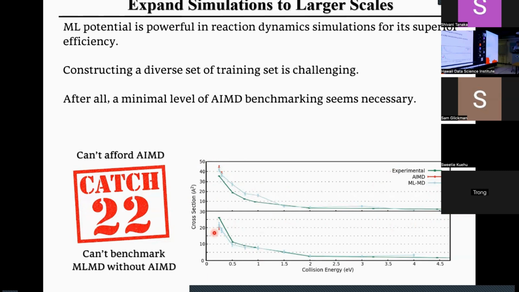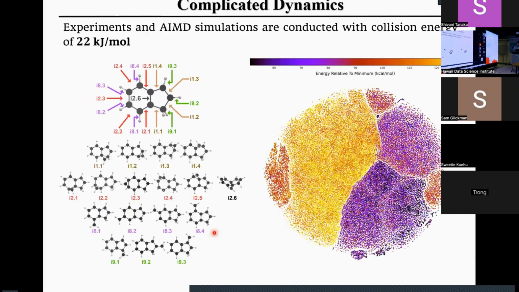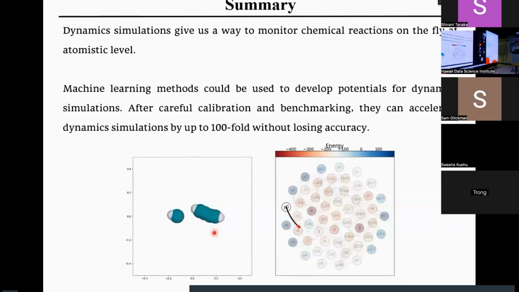I'm running out of time, so I'm going to skip some just to go to my summary. Okay. Dynamic simulations give us a way to monitor chemical reactions on the fly at atomistic scale. That is good. And machine learning potential could be used to develop potentials for dynamic simulations, but you need to be careful.